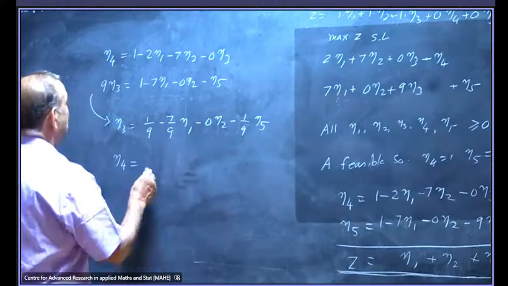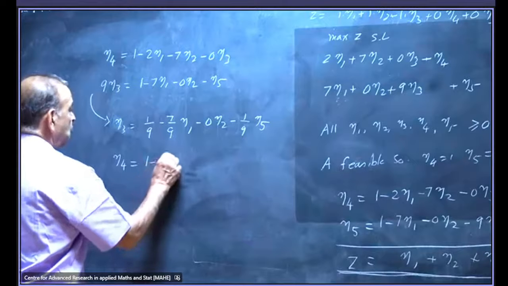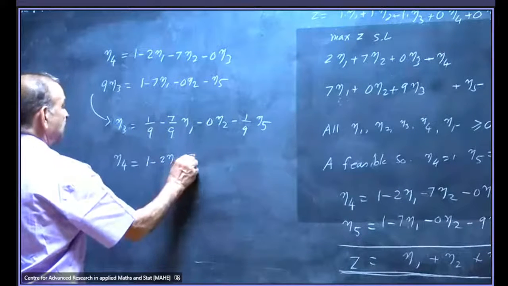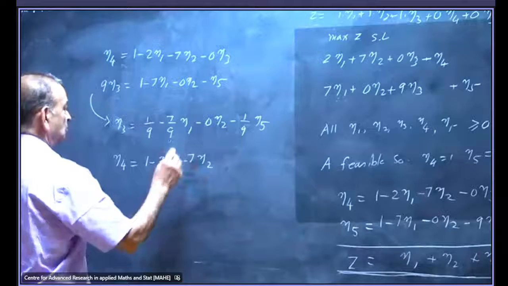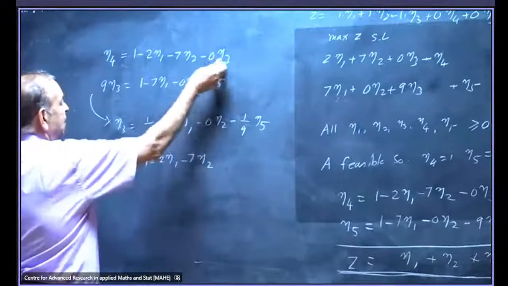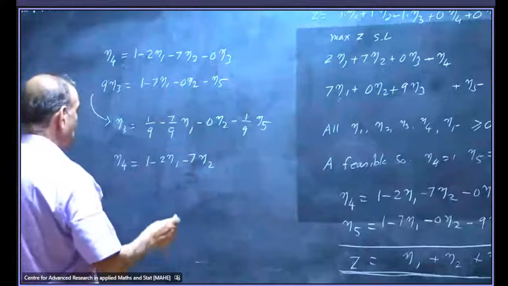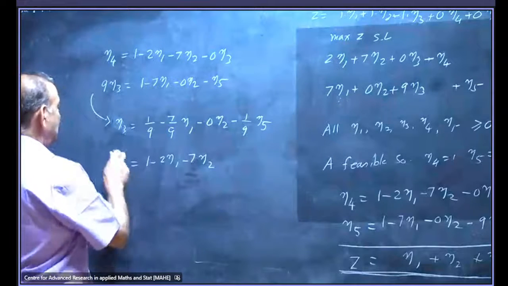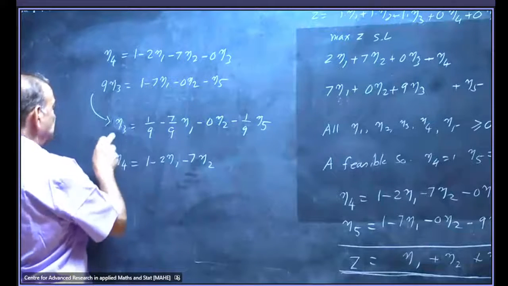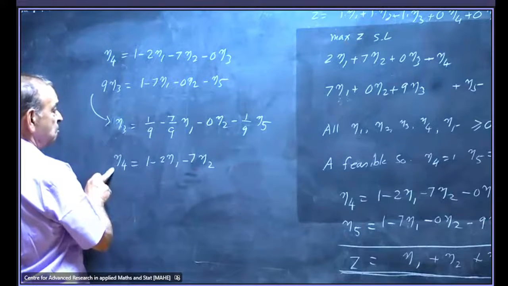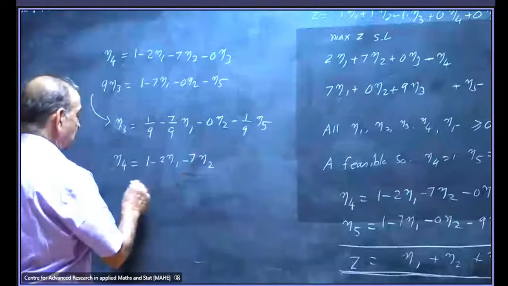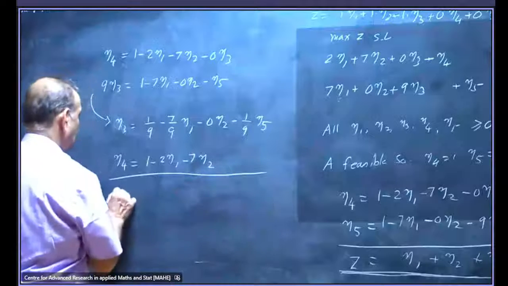So eta 4 is 1 minus 2 eta 1 minus 7 eta 2. It's nothing there because there's 0. Okay? So I have expressed everything in terms of these new basic variables, and these are the new non-basic variables.